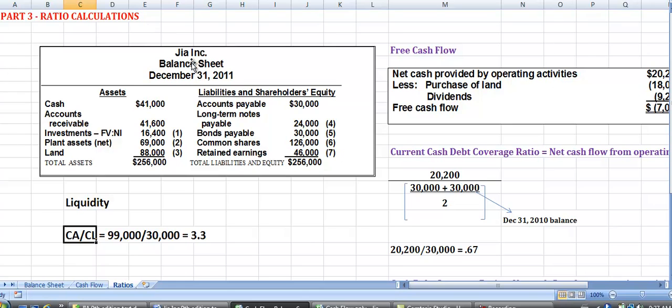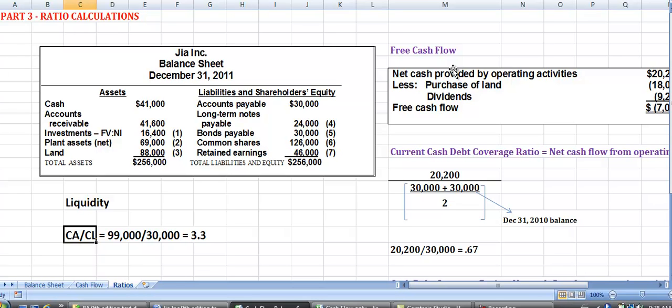So GIA should be finding a way to collect these receivables quicker so that it would be increasing their net cash provided from operating activities. That way they would likely have sufficient cash to pay off these liabilities, current and non-current, as they come due. So that's a little bit of information on the ratios.